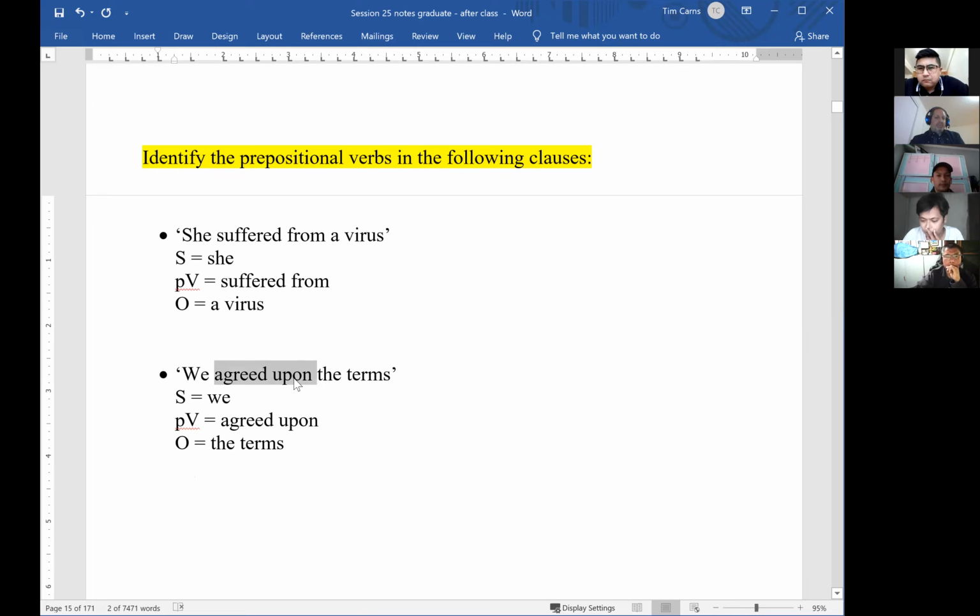So upon is a preposition. We wouldn't say we agreed the terms. We agreed upon the terms. And upon the terms isn't a prep phrase modifying agreed. It's agreed upon is the verb. Suffered from is the verb. Now in Greek, you would not see suffered from. You would just see the Greek verb, which we would translate as suffered from. Okay?